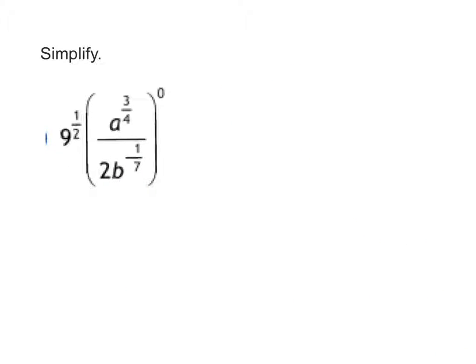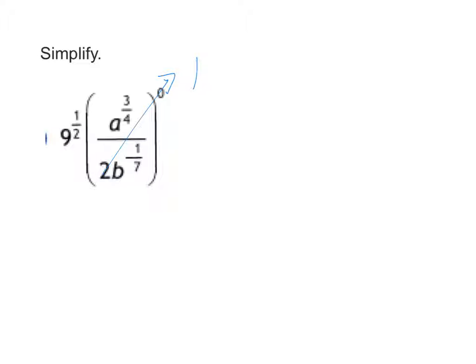All right, this is the last one that I want to look at with you. And if you notice, well, the answer is not 1, but the 0 exponent, what's the rule there? This whole thing equals 1. So it's irrelevant. Why is it even there?